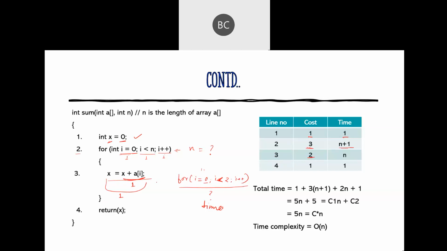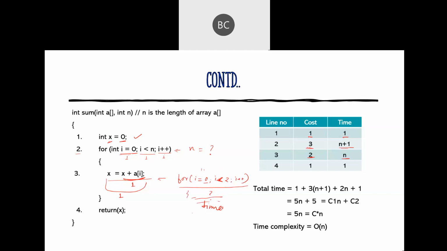Now how many times will this line be executed? It will be executed n times because your condition is up to 10. Yeah, n plus 1 for the condition because you are also checking the false value. If something is true, you will execute this code as long as it is less than 2. But the third time also you will check whether it is true or not.